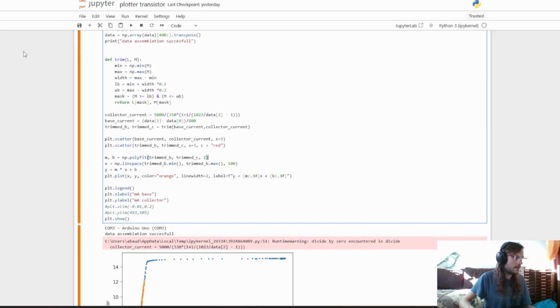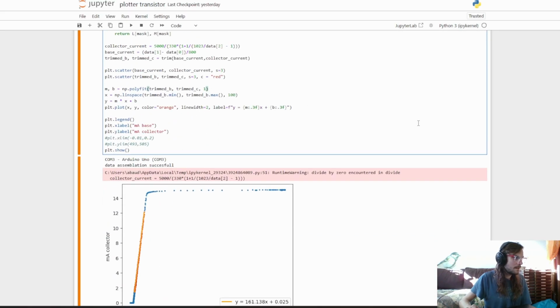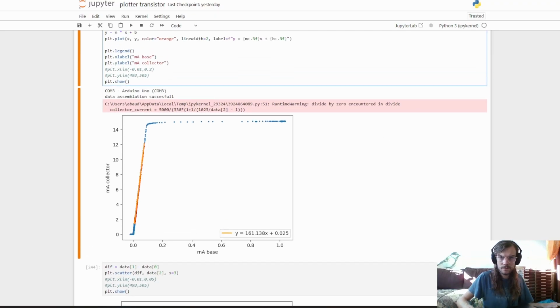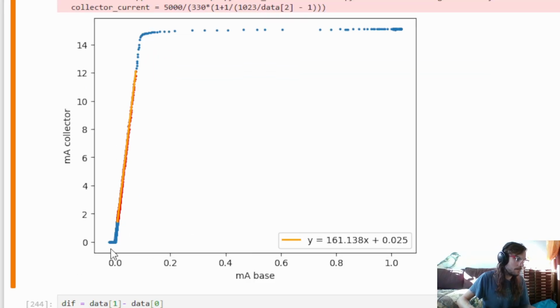Okay, so here you see my code, and here you see the plot. Let me zoom in on that. All the blue dots and the red dots are the data that I measured, and I want to automatically have the program spit out the beta value in one go, of course.